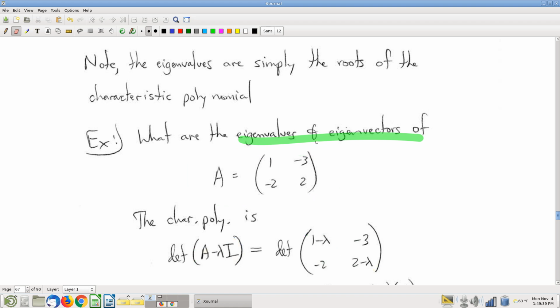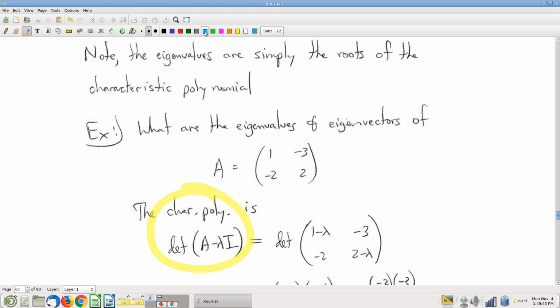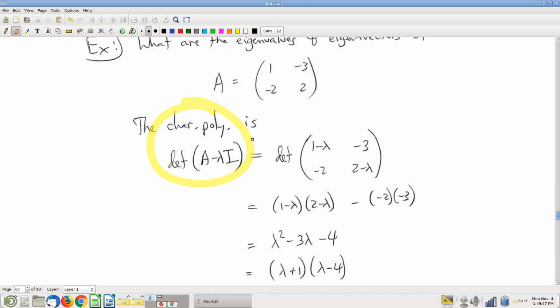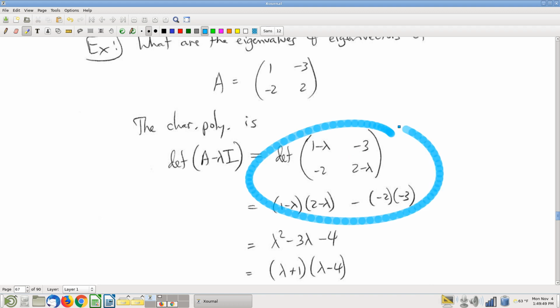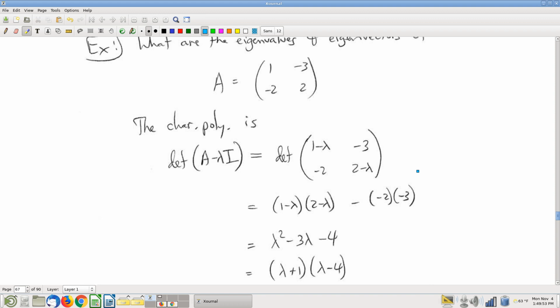So the characteristic polynomial is that determinant. We need to compute the determinant here. The determinant's a matter of multiplying it out. Now, a little bit of algebra. Multiply it out, collect terms, factor. Y'all know how to do that stuff. I'm going to let y'all fill in those blanks.